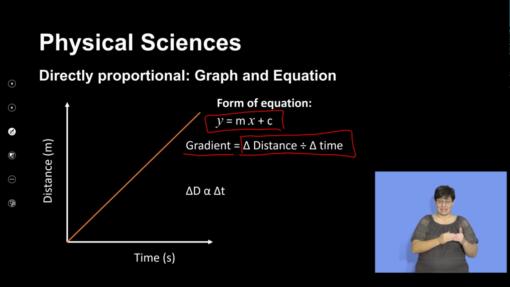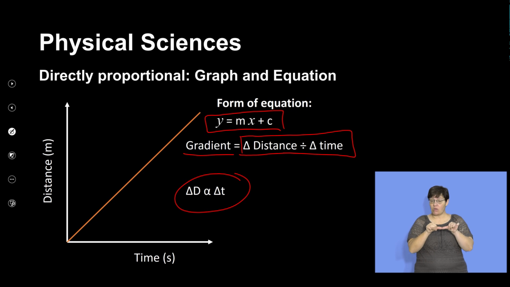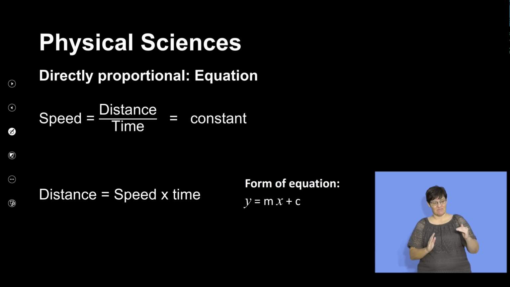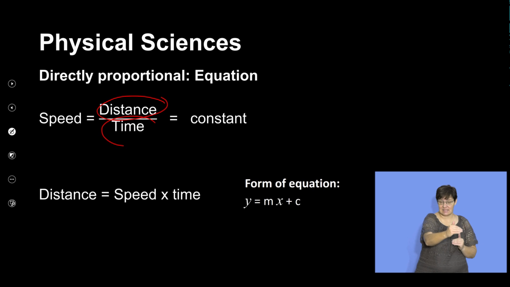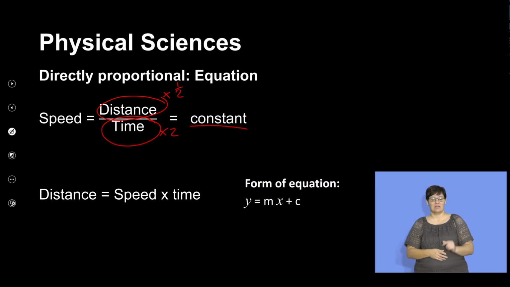Because this is a constant, we can say the distance is directly proportional to time. If we go to the equation now, we can see that there we've got distance divided by time is a constant. If we double the distance, we have to double the time. If we multiply the distance by a half, we have to multiply the time by a half.